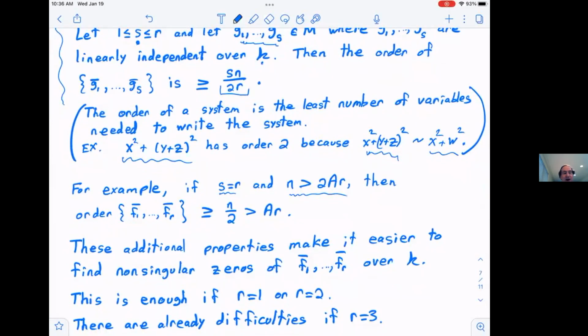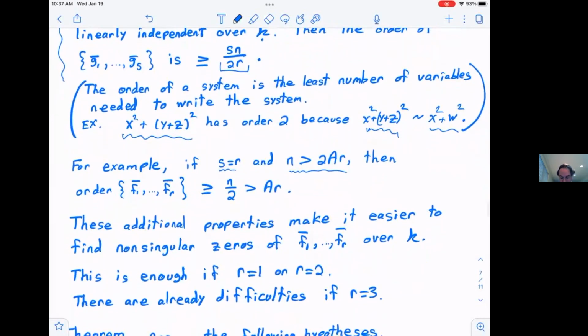So remember I said all I had to do is find a non-singular zero, but sometimes you can't do it. Restricting to this dense subset makes it a lot easier, but still, it's not that easy. It turns out this is enough for R equals 1 or 2, and that's basically why conjecture 2 could be proved for R equals 1 and 2.